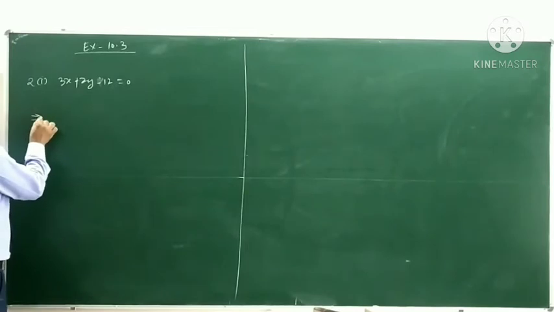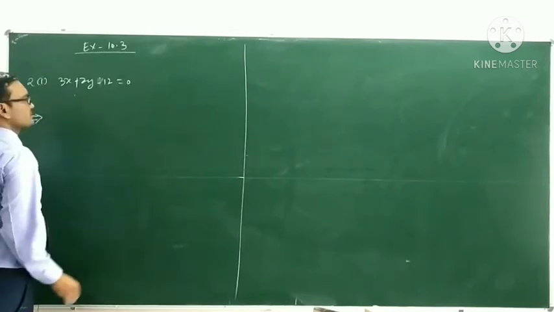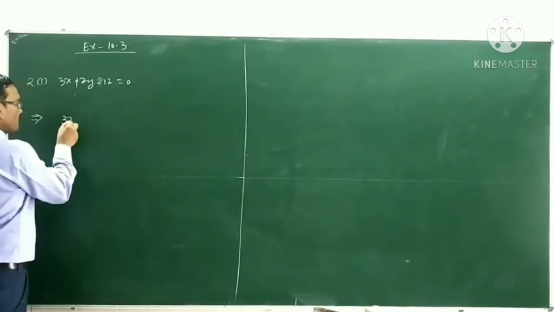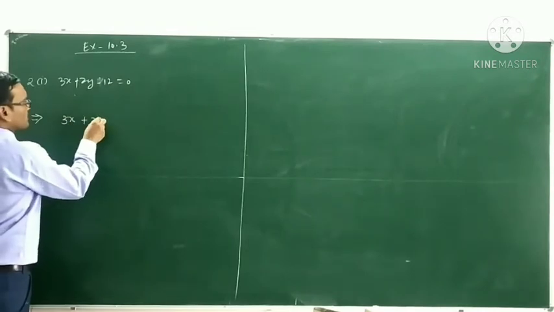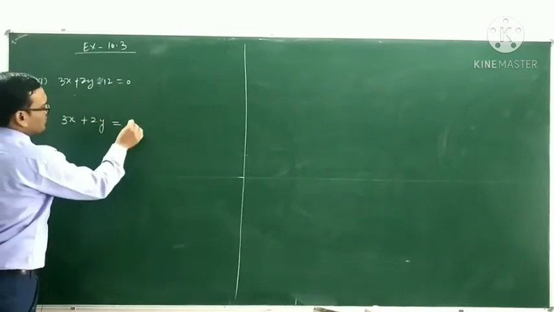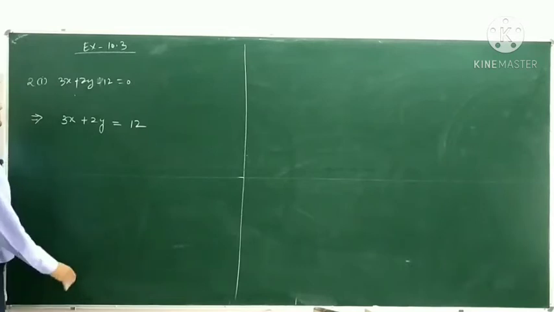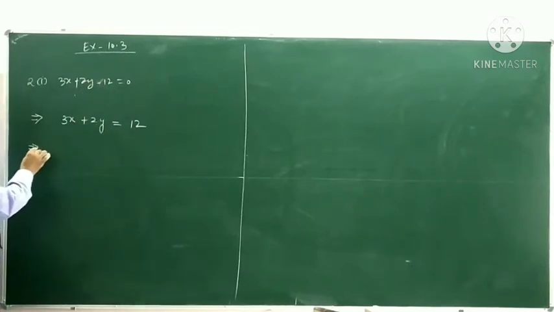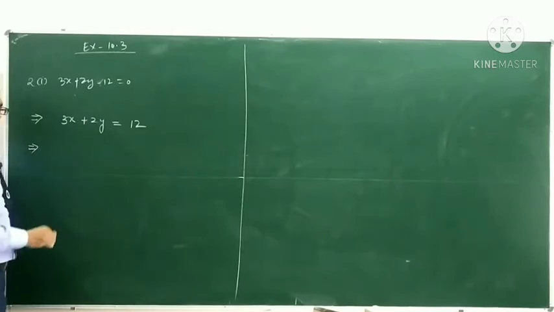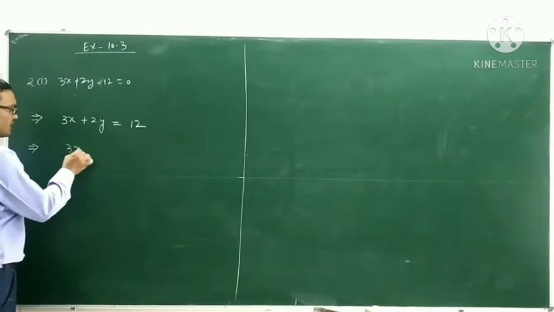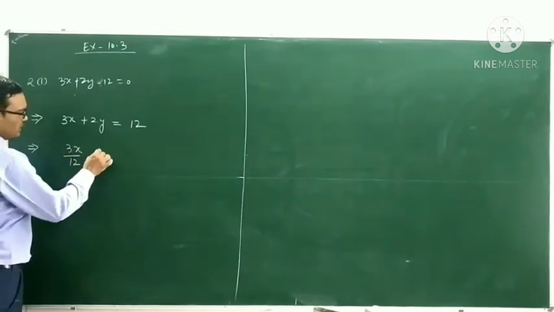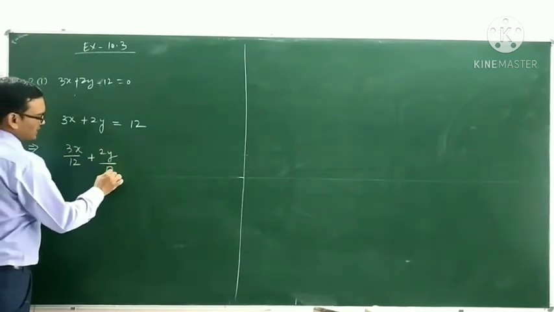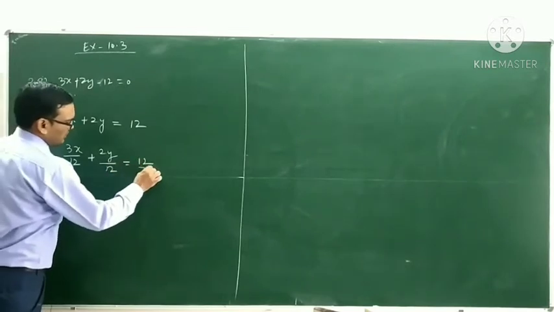This equation is also written as 3x minus 2y is equal to minus 12. This implies that we divide both sides by 12: 3x by 12 plus 2y by 12 is equal to 12 by 12.